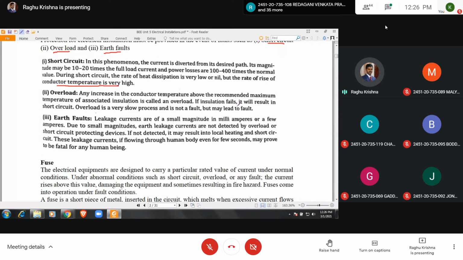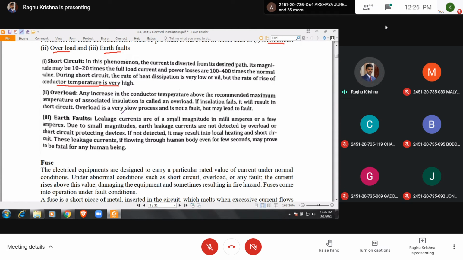If insulation fails due to this increase in temperature, it will result in short circuit. So overload is one of the causes for short circuit. Okay. Due to overload, insulation fails, and the insulation will not operate as an insulator. So free electrons will be available, and they will conduct, and it will result in the short circuit.